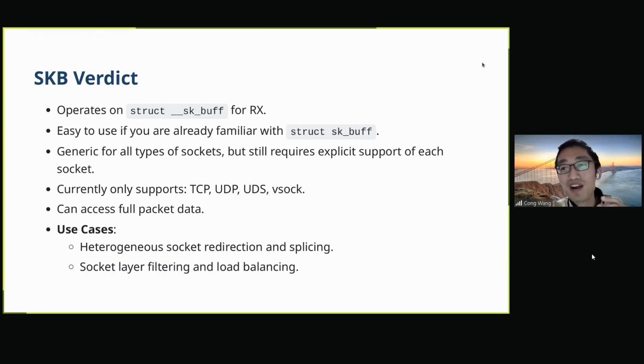However, it still requires each socket family to explicitly support this kind of socket map operation. So far we only have four different socket families that support this. It is very easy to use, first because it applies to the socket buffer, and I assume you are already familiar with the socket buffer. It's definitely easier than the socket message, and it's applied on the receive path.